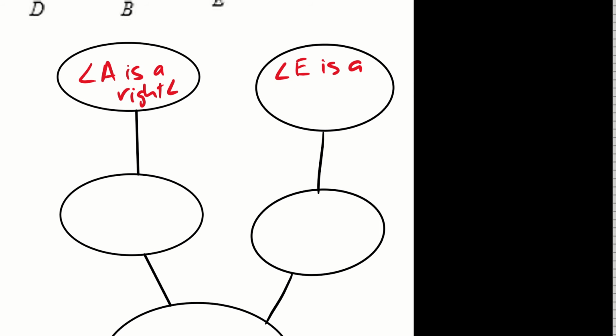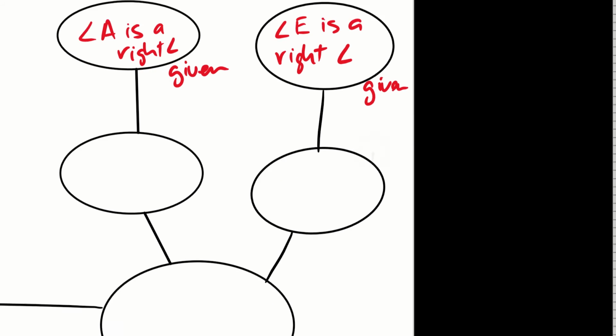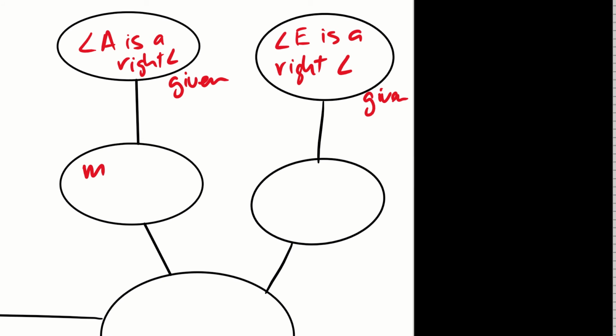Those are both given facts. If you look at the proof at the beginning, it says those are right angles. Given. Okay, next. The measurement of angle A is 90 degrees. The measurement of angle E is 90 degrees.